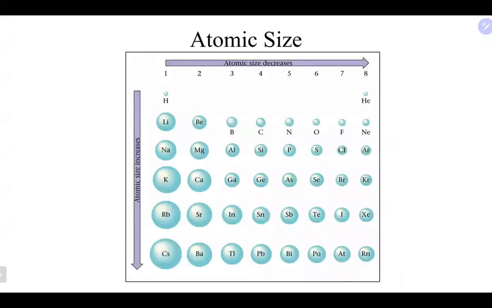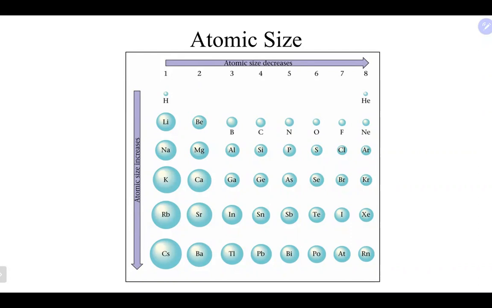Now, this also relates to a couple other things, which is atomic size. The size of an atom actually gets smaller as you go up and to the right, and it gets larger as you go left and down. And that is because as you go up and to the right, there's something known as effective nuclear charge, which is basically the positive charge that the electrons feel from the nucleus.